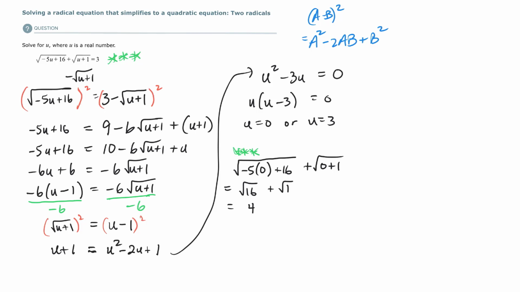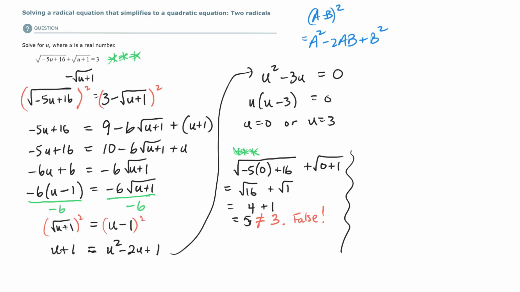Well, that's just 4 plus 1. That gets me 5. Is 5 equal to 3? 5 is not 3. So the original equation here is false. In other words, u equals 0 is not a solution.